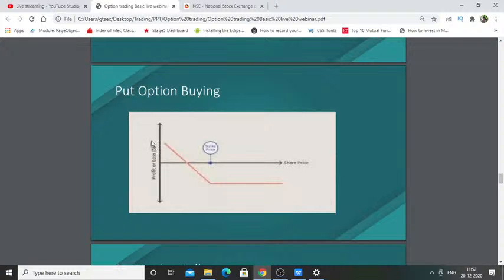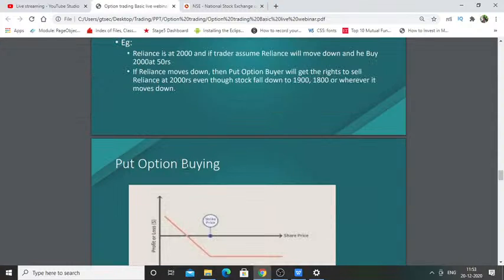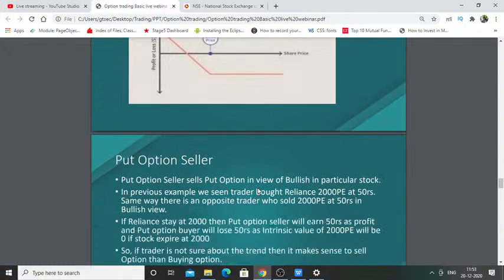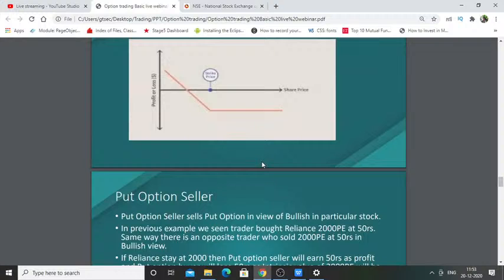If something bad happens and the stock crashes to 1000 or 1500 or wherever it is, the difference between the underlying stock and the strike price, whatever the difference is, you will get as profit. With the initial investment of 50 rupees, you can get 100 or 150 or 200 if the stock starts falling down. So this is about put option buying.